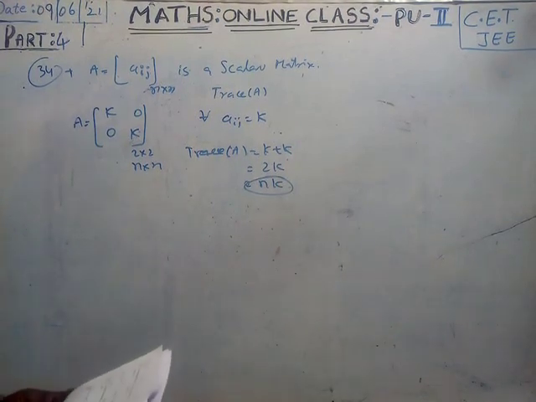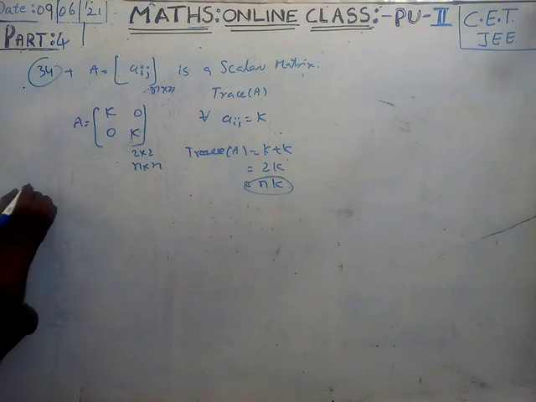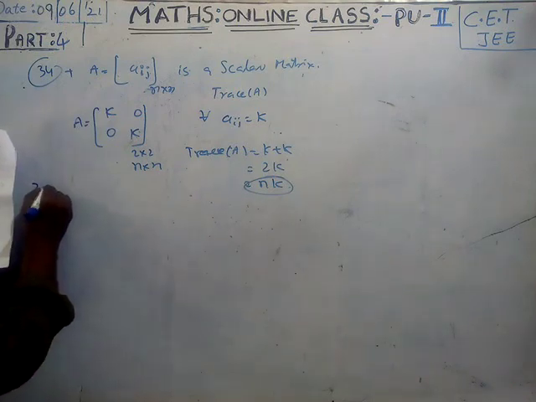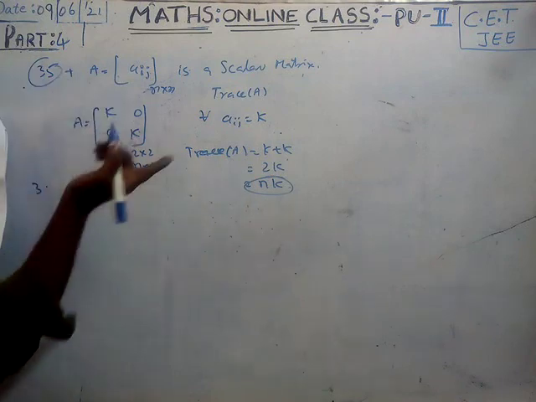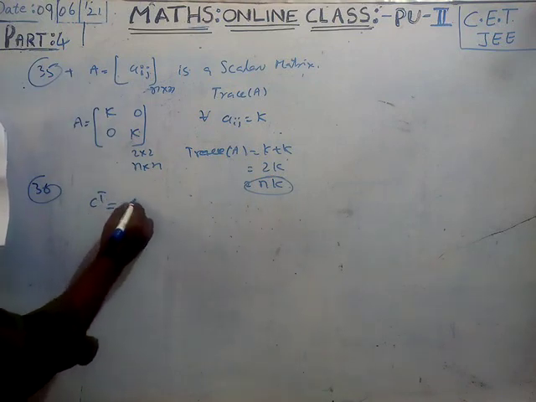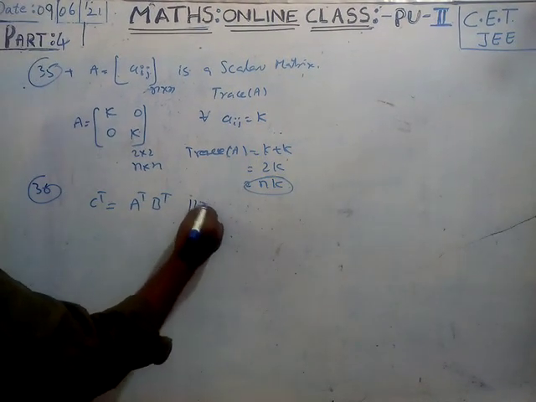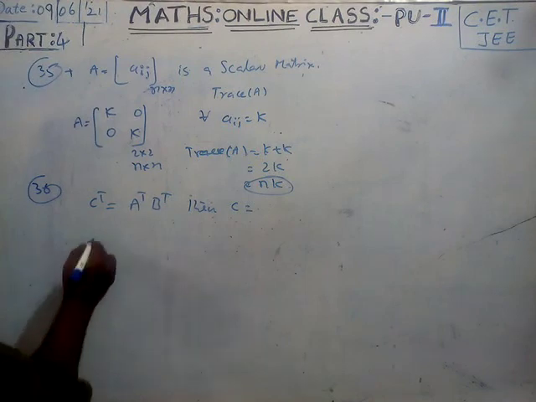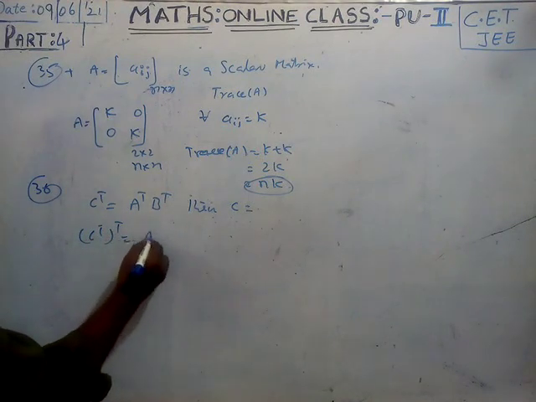Okay, now next. That is the trace. 36. This is 35, I'm sorry. 35. 34 is already solved. 36. C transpose is equal to A transpose B transpose. Then we have to find C. What is C? On both sides, we take transpose again.